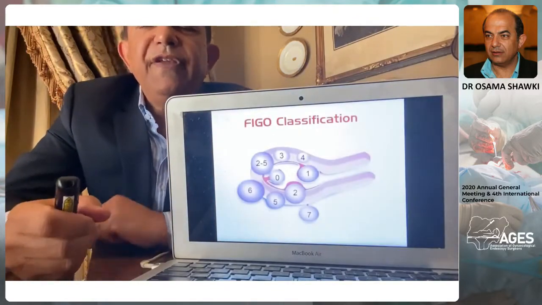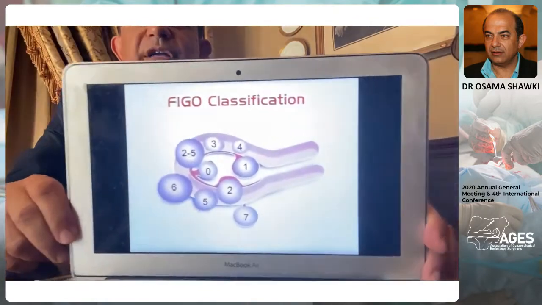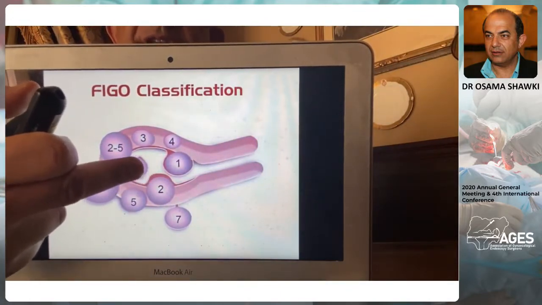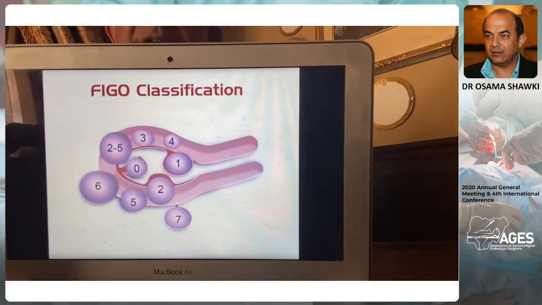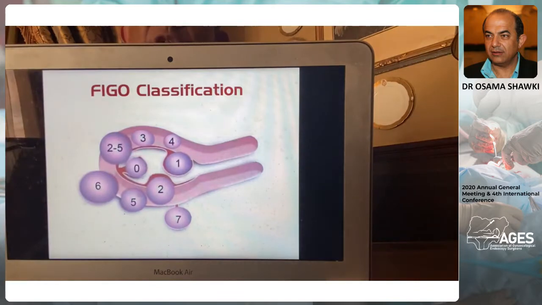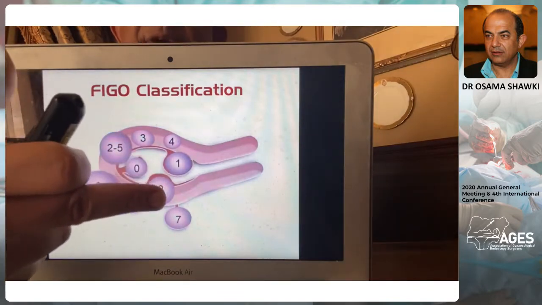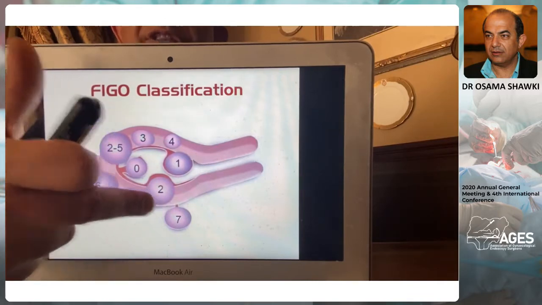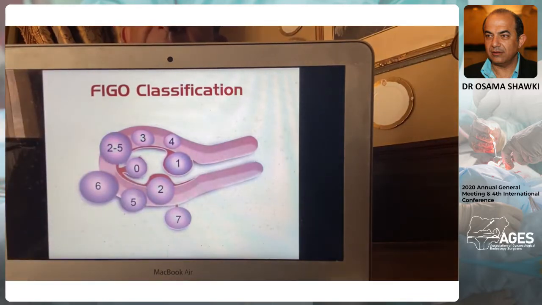Well, the FIGO classification for the fibroids puts them into 7 categories. Type 0, when the whole myoma is bulging into the uterine cavity and attached by a narrow pedicle. Type 1, when more than 50% of the myoma is bulging into the cavity and less intramyometrial. Type 2, when the myoma is deeper, more than 50% deep into the myometrium and less bulging into the cavity.